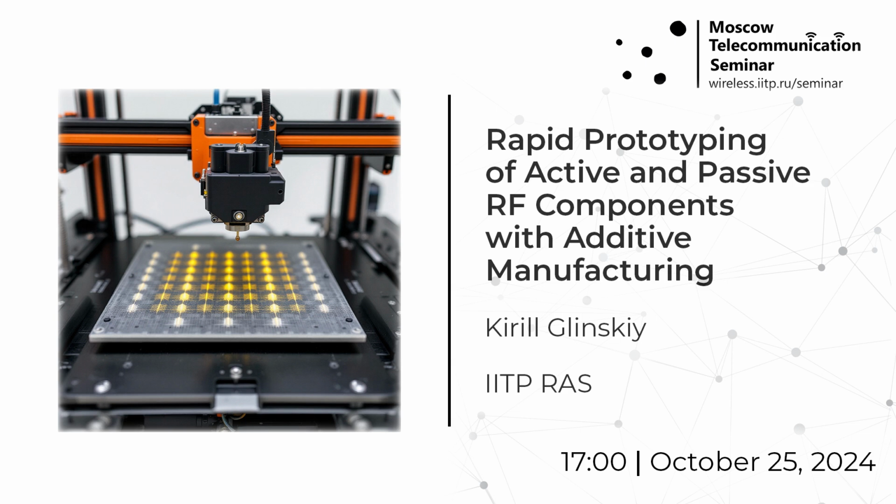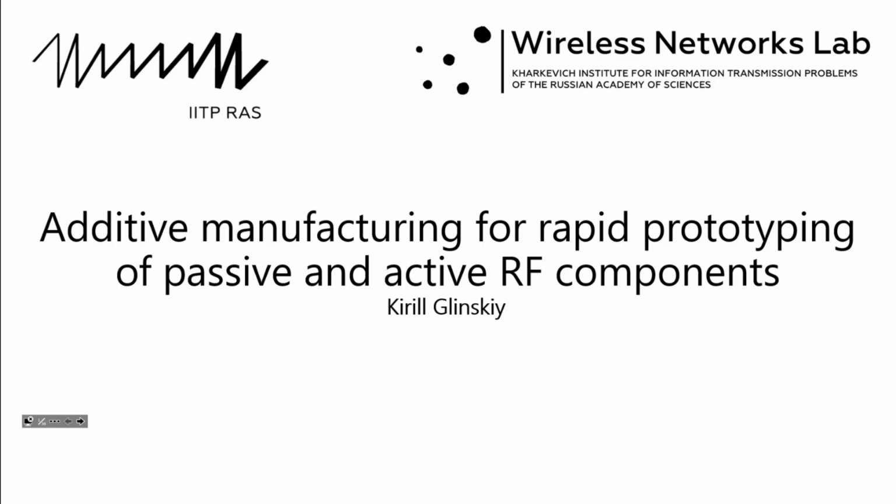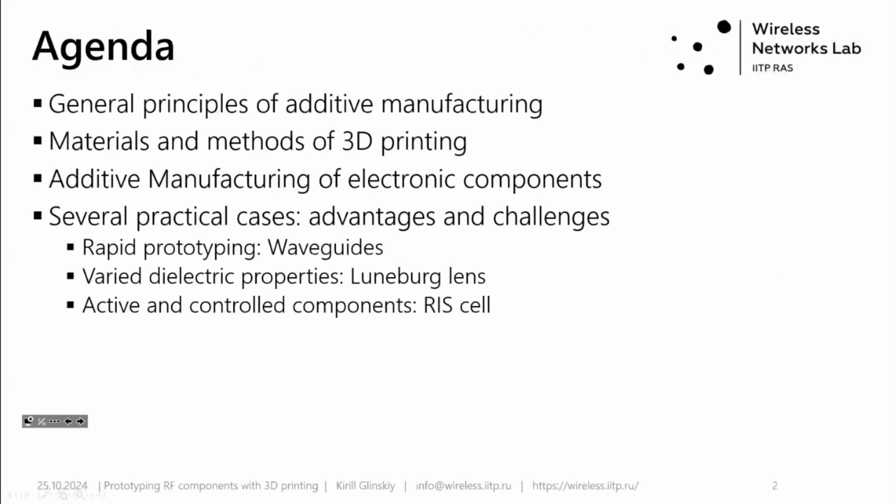Yeah, thank you, Vyacheslav. Today I would like to give a talk on the use of additive manufacturing or rapid prototyping of passive and active radio frequency components for wireless networks. The plan is as follows. First, I would like to give a short intro of additive manufacturing. It's a broad concept. Then I'm going to follow it with a description of the most common materials and methods for each type of additive manufacturing.